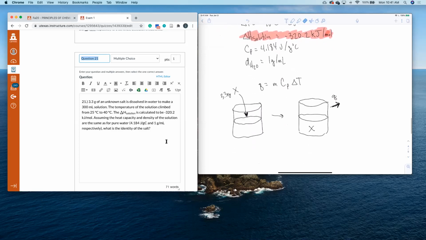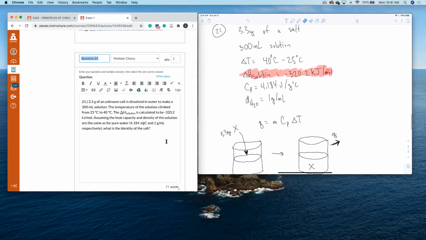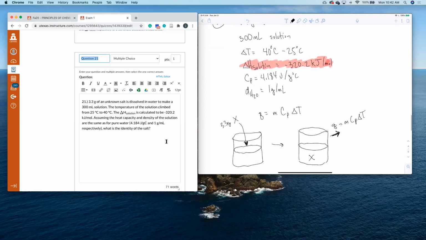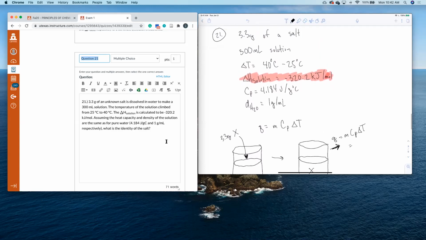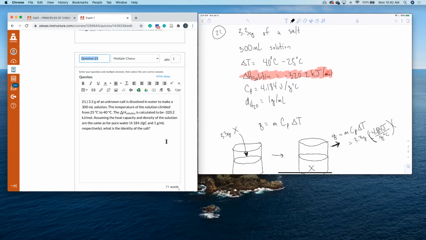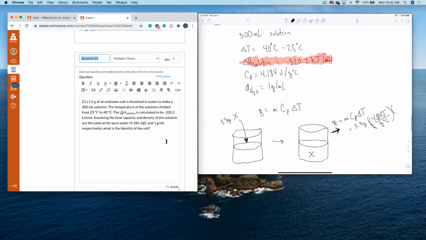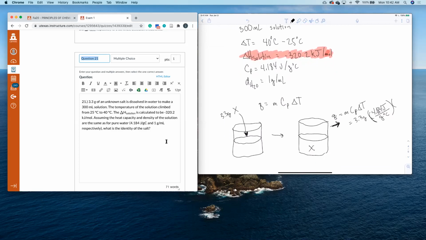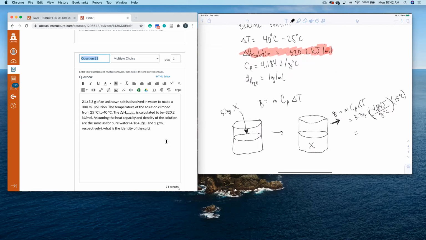The Q is equal to, so we can calculate Q using this equation, times delta T, which is 40 minus 25. So at least they were nice and our units all work out.